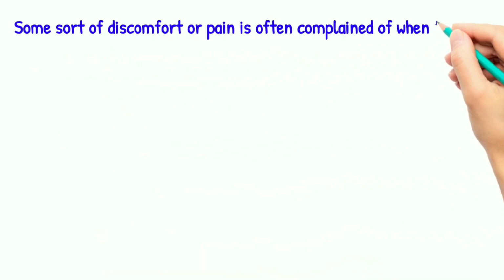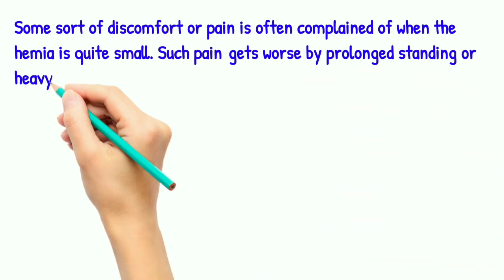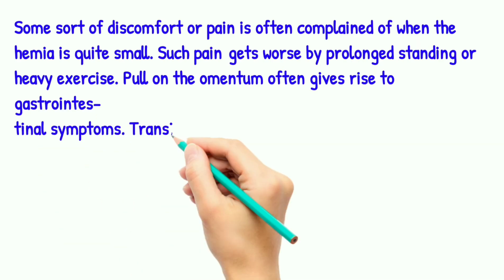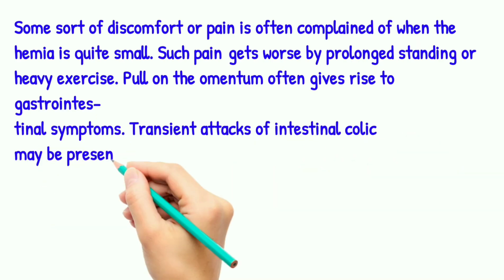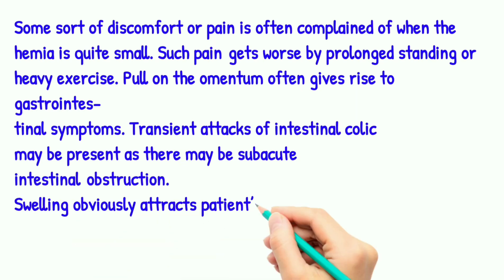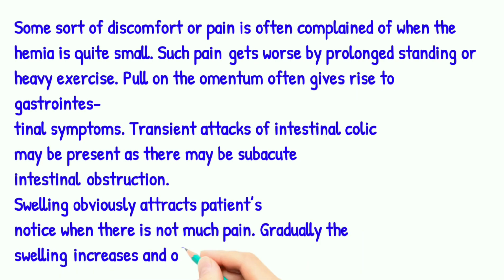Some sort of discomfort or pain is often complained of, even when the hernia is quite small. Transient attacks of intestinal colic may be present, as may be a subacute intestinal obstruction.